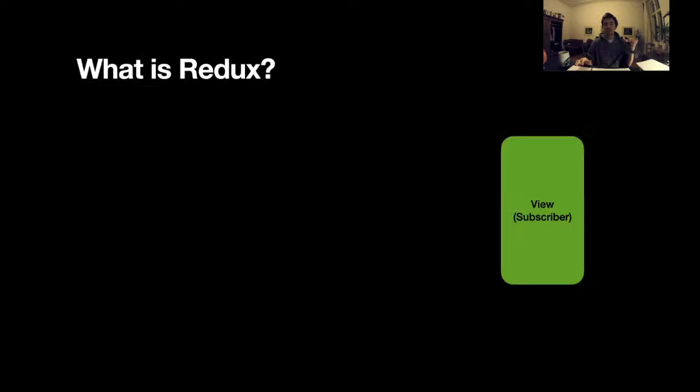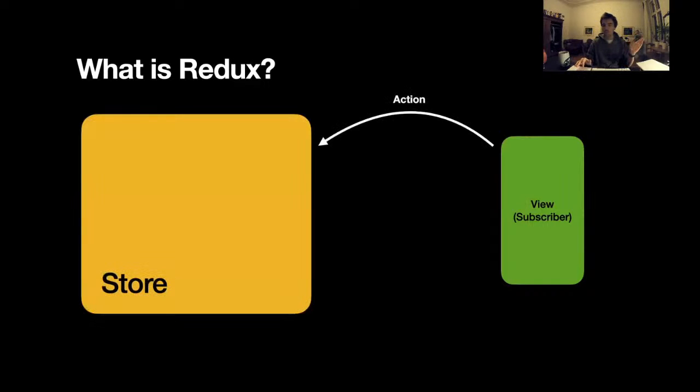So the Redux diagram is kind of simple. We have a view which subscribes to the store to get events, and actually first it sends some events to the store. It sends some actions, for example, button taps, or screen transitions, any event basically which can happen on the view goes into the store as an action.